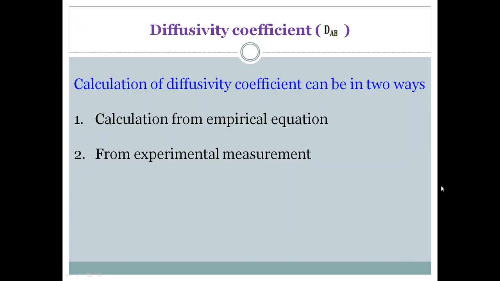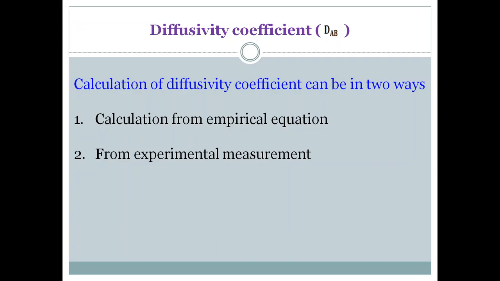You can calculate this diffusivity coefficient through empirical equation. I am using that word empirical. You already have an understanding from fluid dynamics. You use the friction factor for a turbulent flow. That was an empirical correlation.